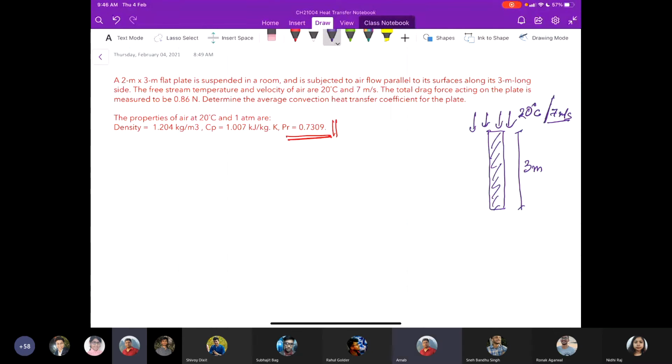So how do you calculate friction coefficient? We know tau because we know force and area of plate, and it's tau divided by half into rho free stream velocity square.